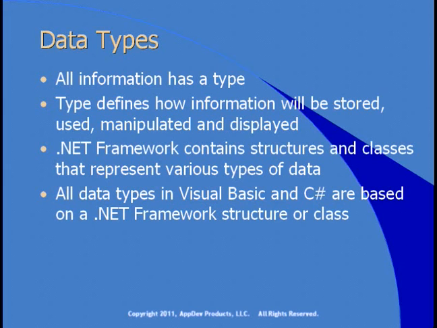In the .NET framework, that limitation goes away. A string in Visual Basic is the same as a string in C#. Same thing with an integer or a decimal or any of the other data types. And that's because they're based on data types in the .NET framework, which underlies both Visual Basic and C#.